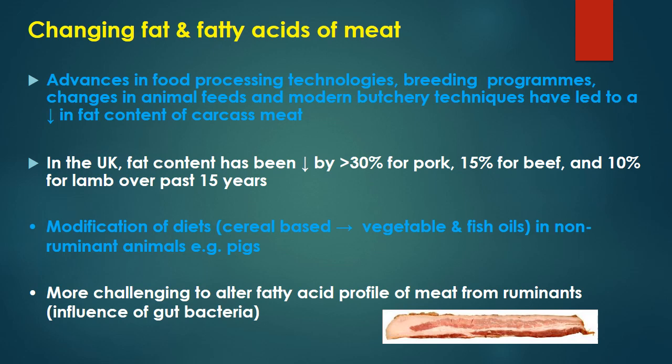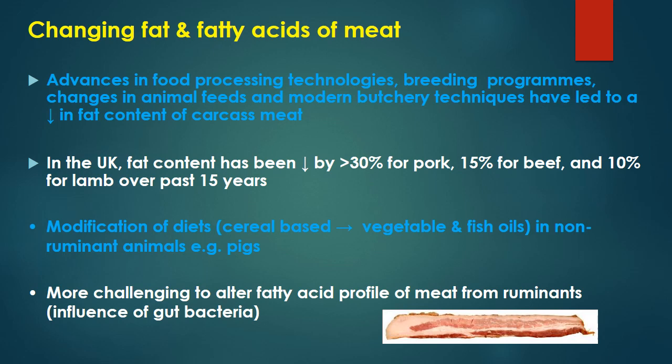Similarly, in the UK, fat content has been drastically reduced, more than 30% for pork, 15% for beef and 10% for lamb over the last 15 years. By all these applications, they could reduce the fat content in meat because fat has become a cause of concern for human health.